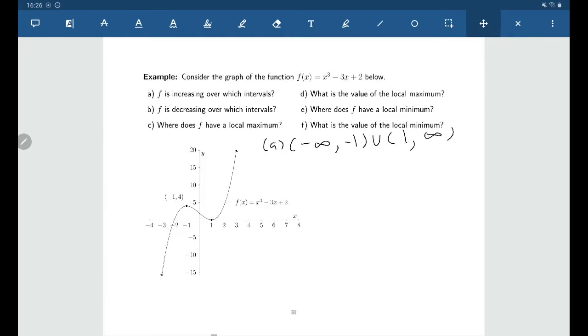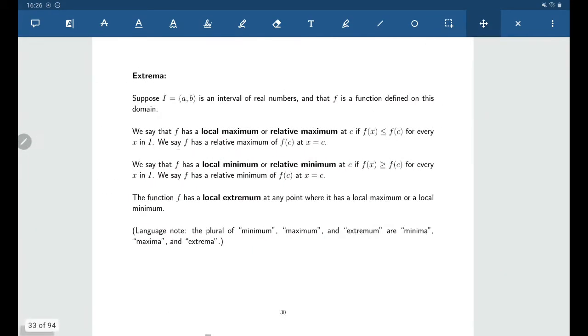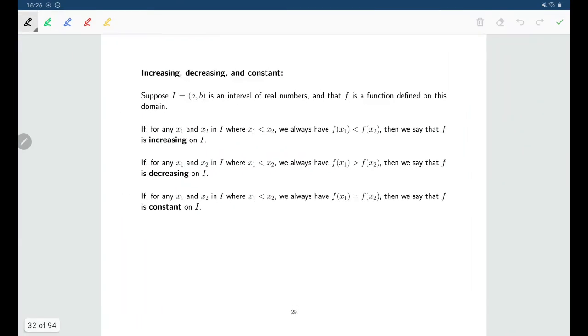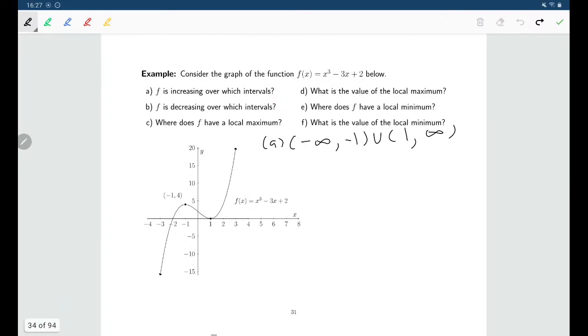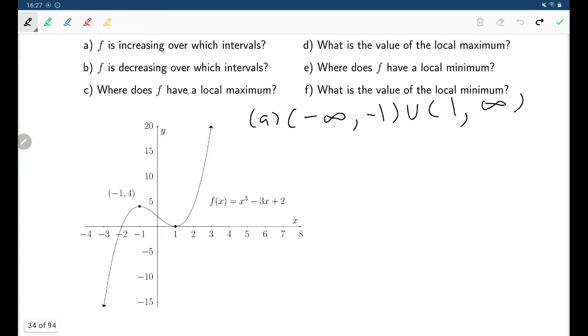One thing to note here is that I'm not including the -1 or the 1, partly because of the definition that I gave. When we said for increasing or decreasing, we were thinking about an open interval, one that's not including our endpoints. But the bigger reason as to why I'm not including them would be, at this point, you're not really increasing anymore. You increased until you got there, and you'll be decreasing afterwards.